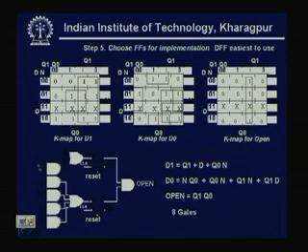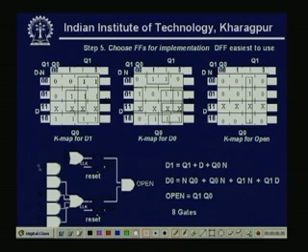So see that here D and N are the inputs, meaning which coins are deposited, and here Q1 Q0 is the present state.